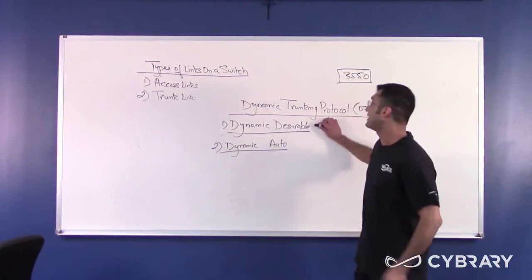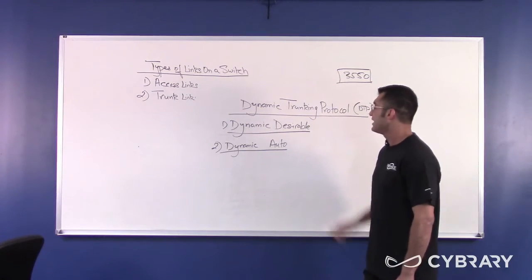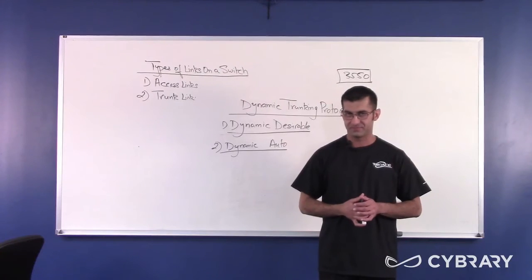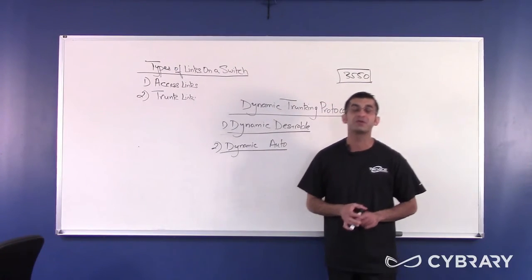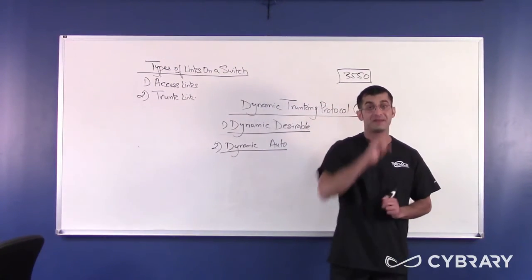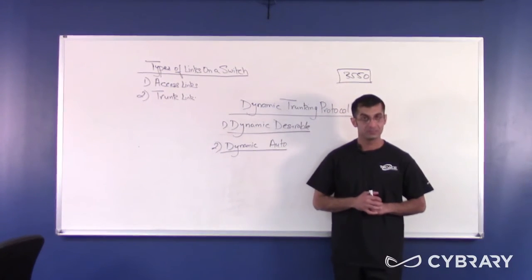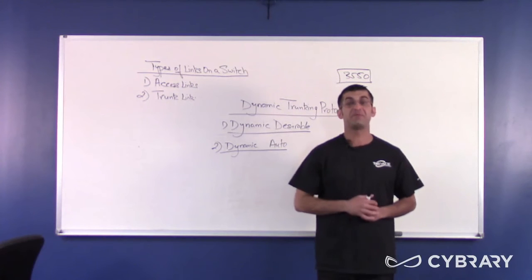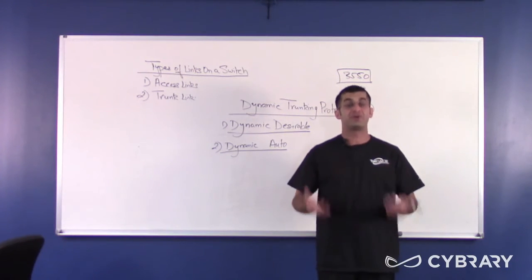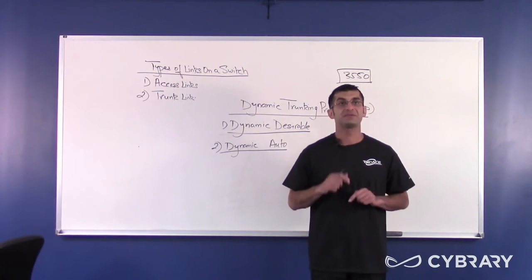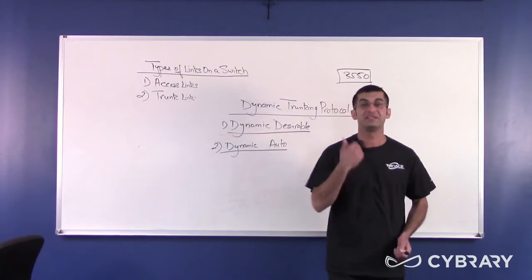In Dynamic Auto mode, a port will not initiate trunking. Yes, it will respond to DTP frames from the other end. So if the other end is Dynamic Desirable, it will respond to DTP frames from the other side and a trunk will come up, but it will in itself not initiate trunking by sending DTP frames.